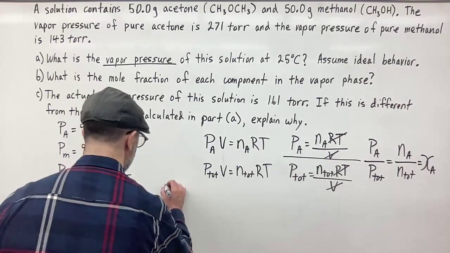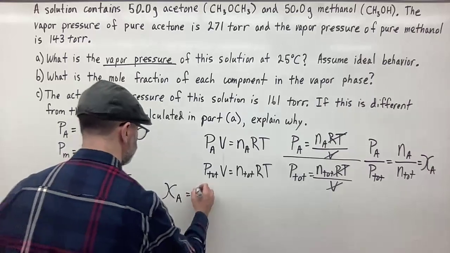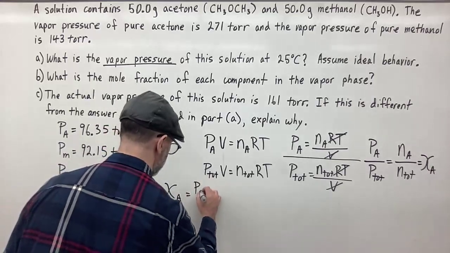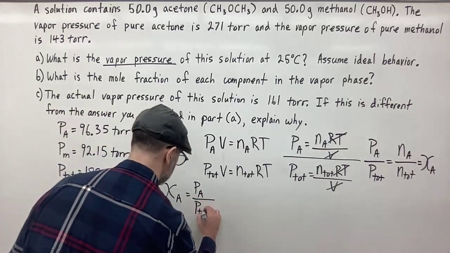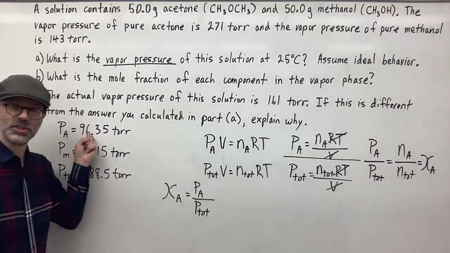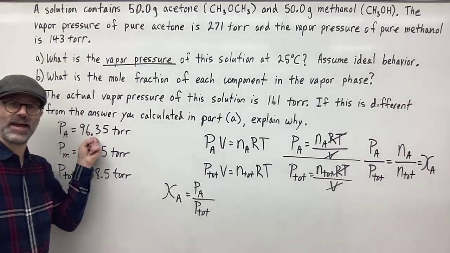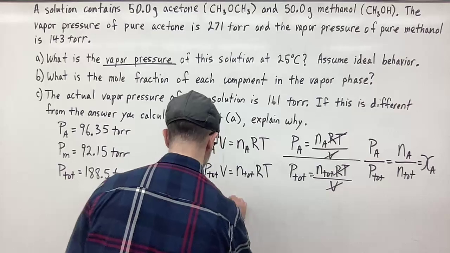The mole fraction of A, acetone, is equal to the vapor pressure of acetone divided by the total pressure. Well, we already calculated those, so we just plug them in.